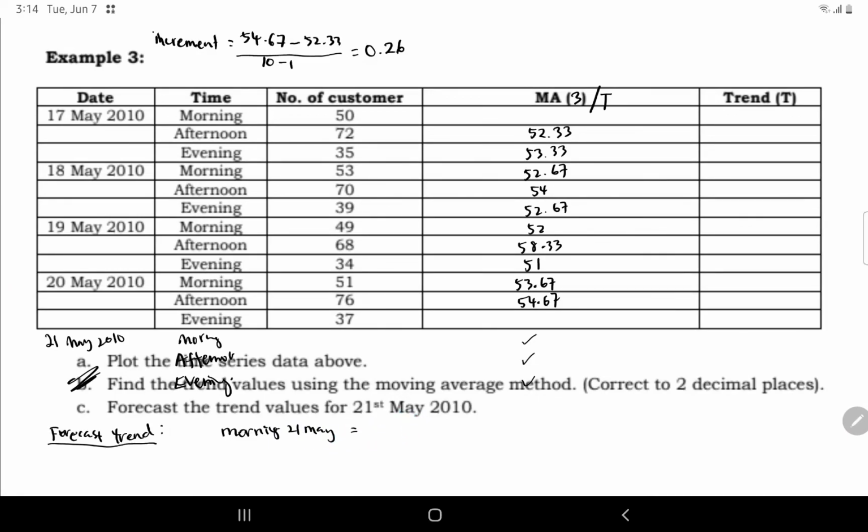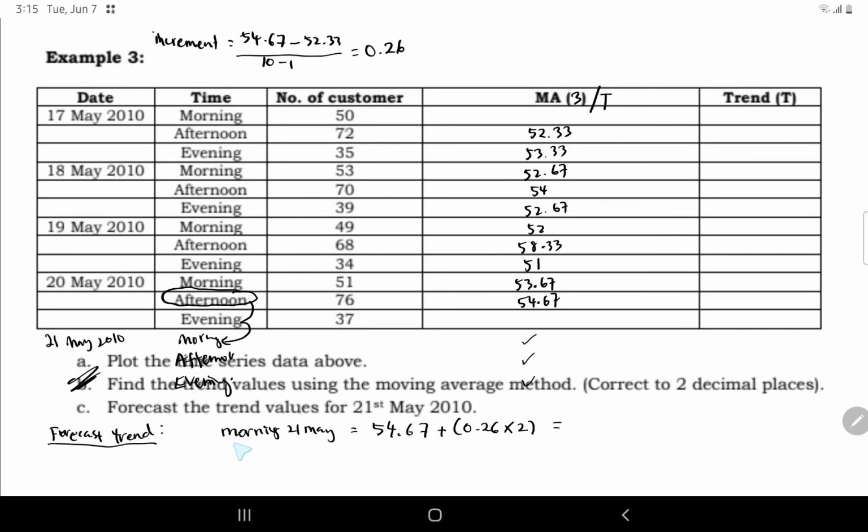So guna formula yang tadi, our last trend value plus increment, which is 0.26 times our N. Okay, N tu kita kena tengok. Ini kita punya last trend. Last trend value adalah di sini, afternoon of 20 Mei. Kita nak cari untuk morning of 21 Mei. So, dia punya N ada berapa? 1, 2. Okay, N dia 2.